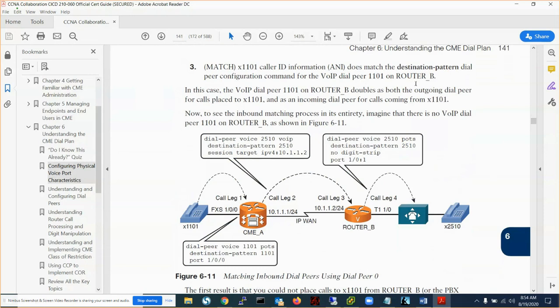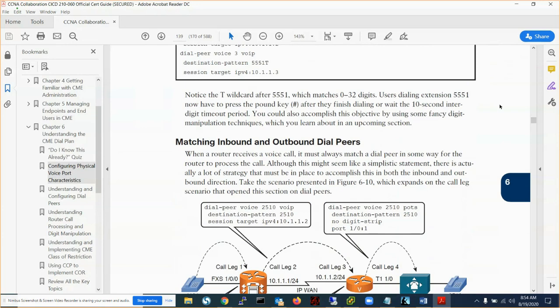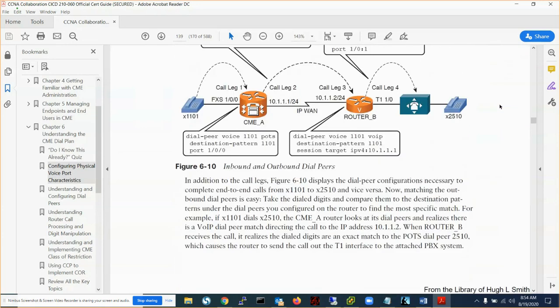Right? So let's see. So it matches. It sees the destination pattern 1101. So for inbound, it will use that as its inbound dial peer, because it gets the caller ID from the phone calling.